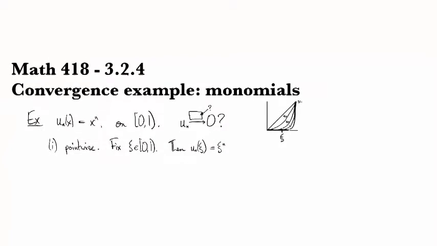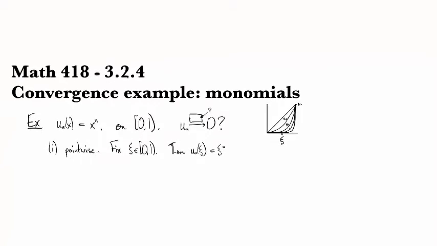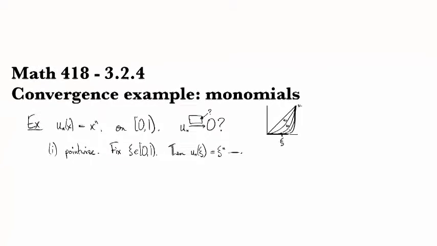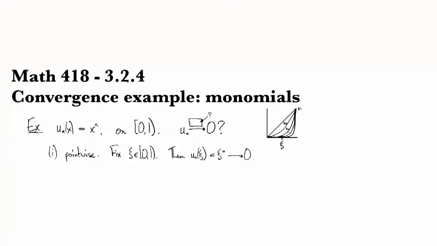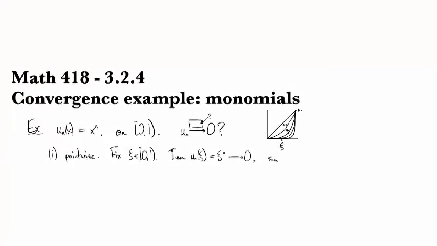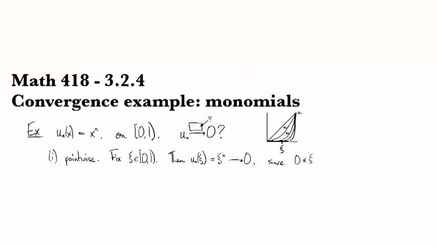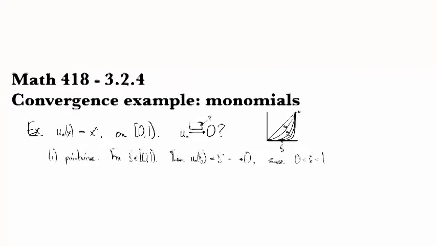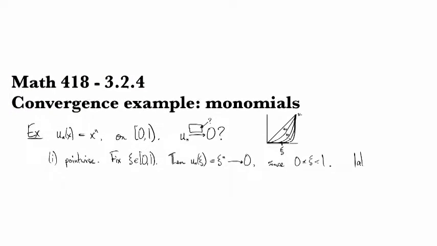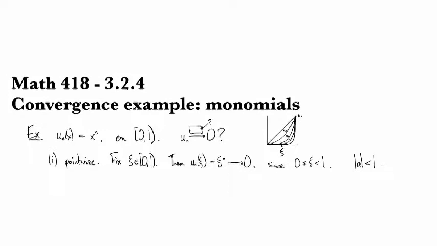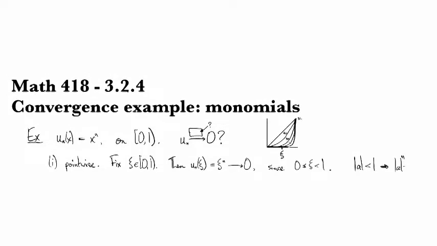Now, if I look at this and raise it to some increasingly higher power, it is going to go to 0 as n gets big, since it's between 0 and 1. And there's a theorem in mathematics that says if you take any number that's less than 1 in absolute value, then when you raise it to a high power, it goes to 0.